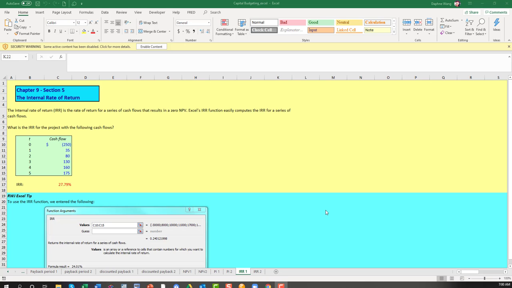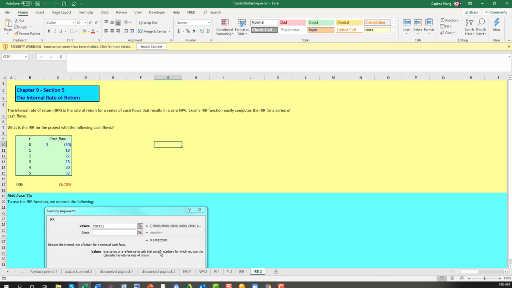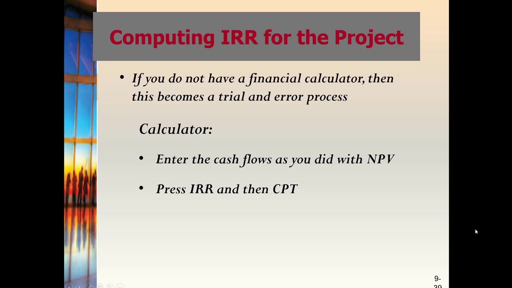To solve for IRR, you can use the formula we showed you earlier. You also can use an Excel template that has an IRR function available. In this Excel template, you can find the two proposals we use in the IRR. We show you can use the IRR function to help you solve that, and it's very simple and easy. You also can use your finance calculator.